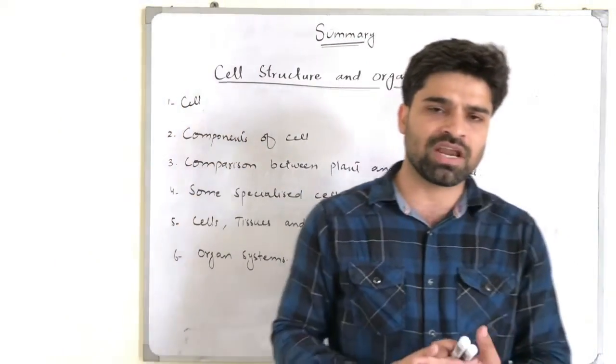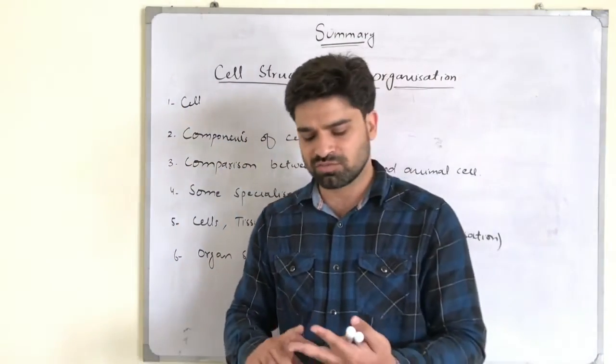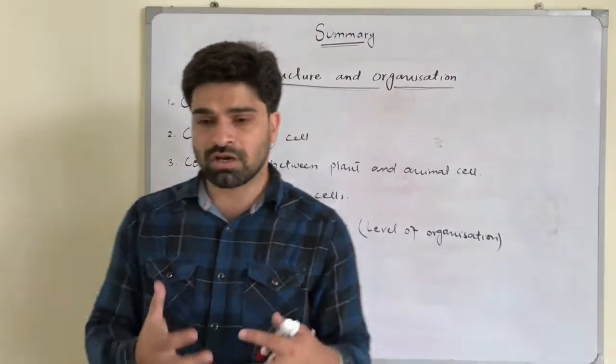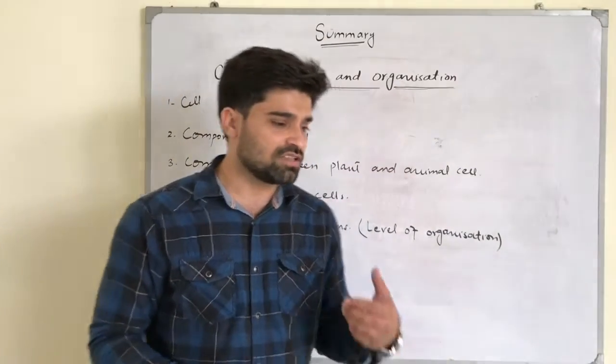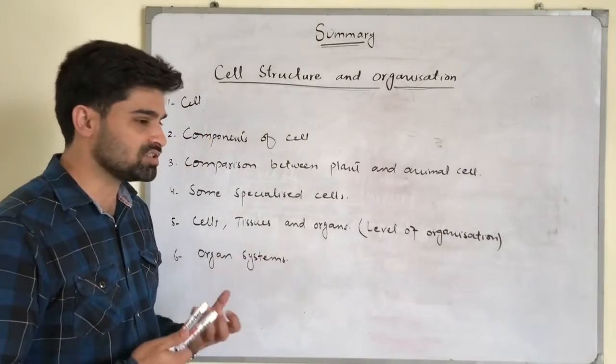Then we talk about the organs, and in a human body, there are different organs present, like liver, brain, heart, lungs, stomach, small intestine. So that was all about the organs. Then we talked about the organ systems.